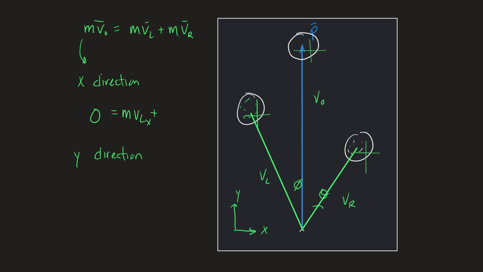So, anyways, I got to rewrite all that. mvr in the x direction, mv0 in the y direction equals mvl in the y direction plus mvr in the y direction. There you go.